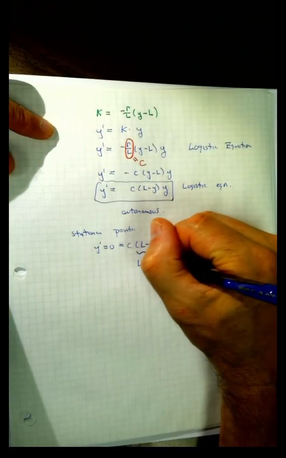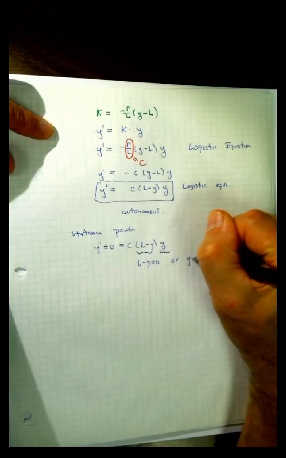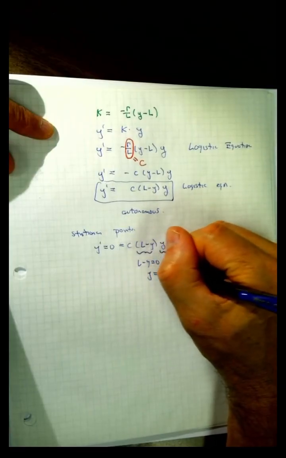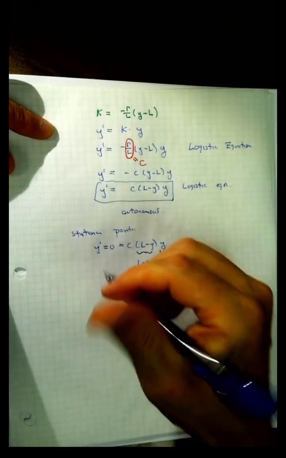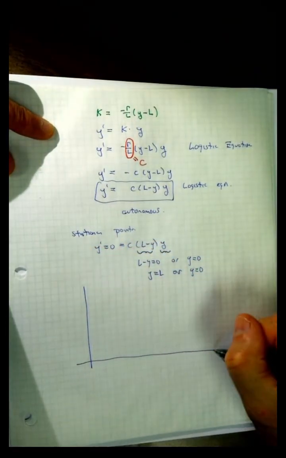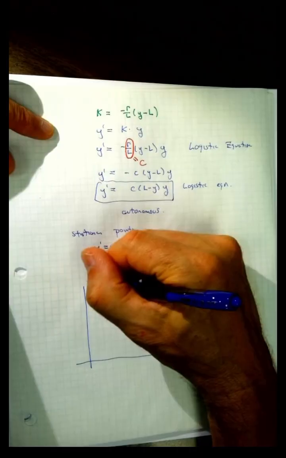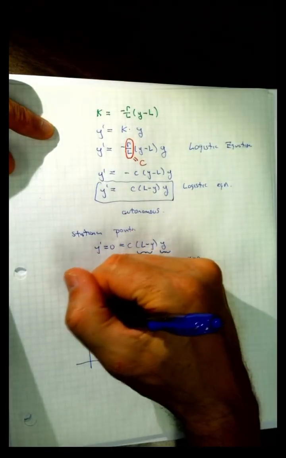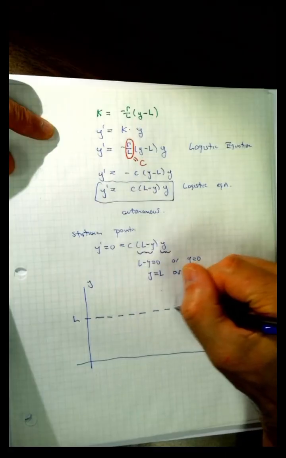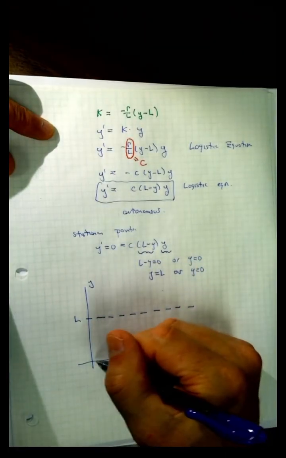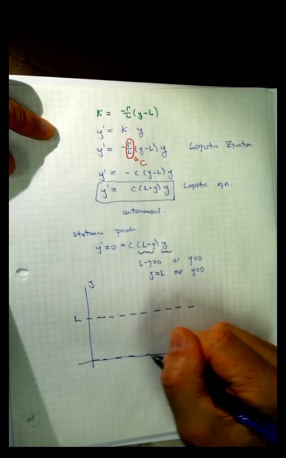So L minus y is 0 or y equals 0. So this is y equals L or y equals 0. So if I look at my slope field, when y equals L, the slope is going to be 0. And when y equals 0, the slope is going to be 0.